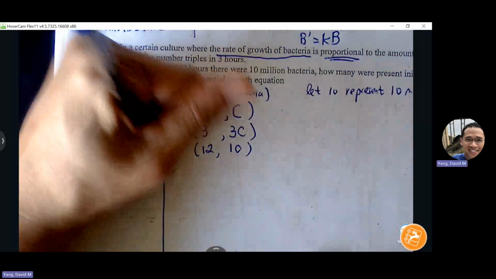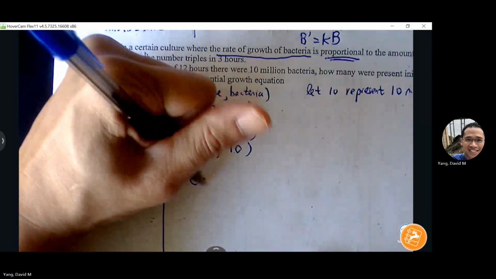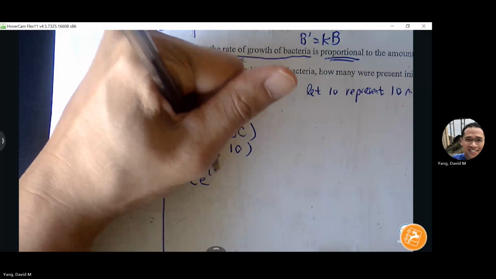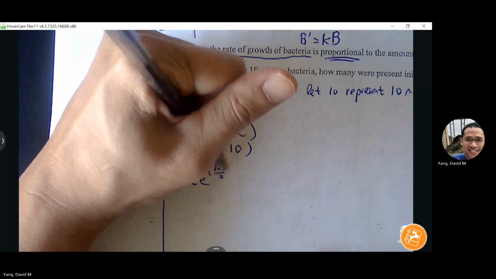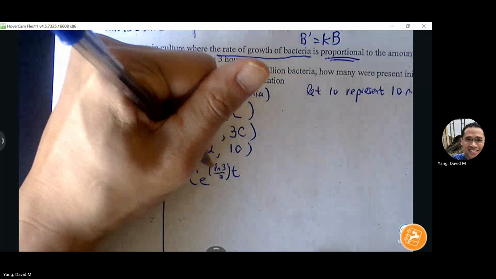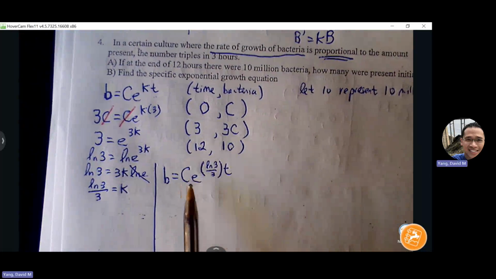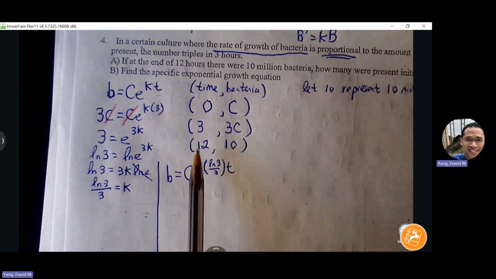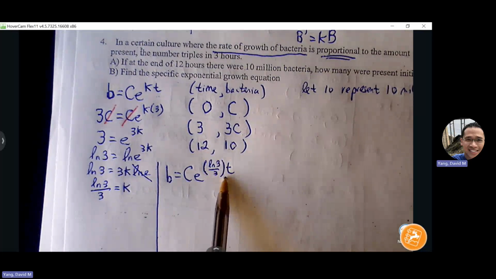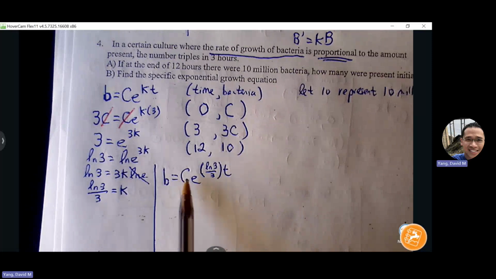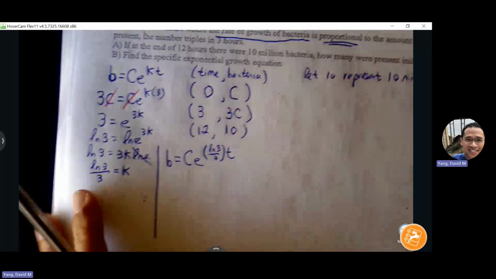Okay, let's update our equation. Now I'm going to solve for C by plugging in 12 for T and 10 for B, and then I should be able to get to C from there.